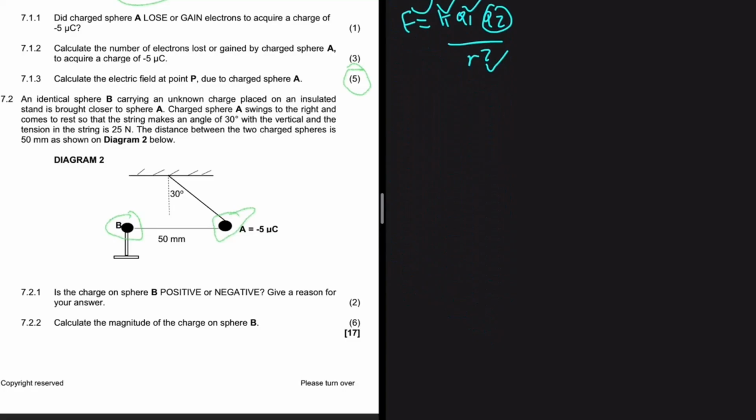So how can we possibly find that F? We can use sphere A. Here in this question, you don't have any option.